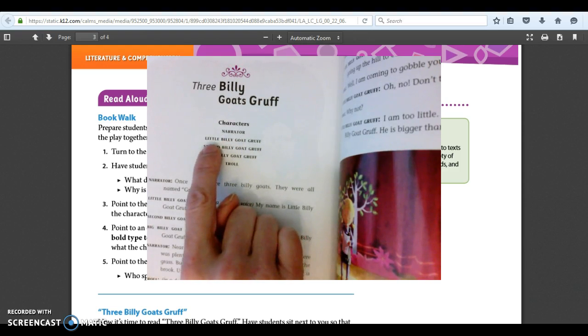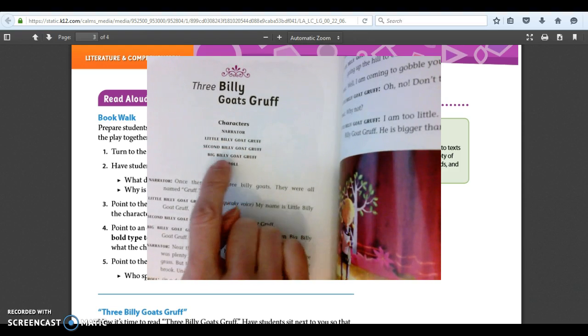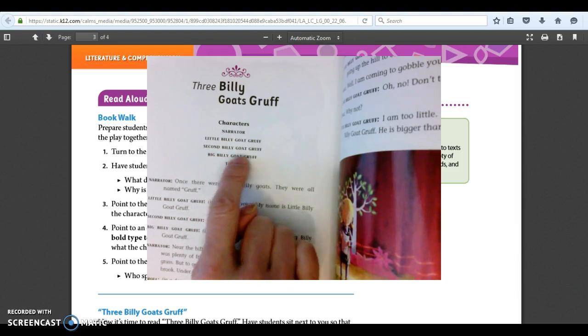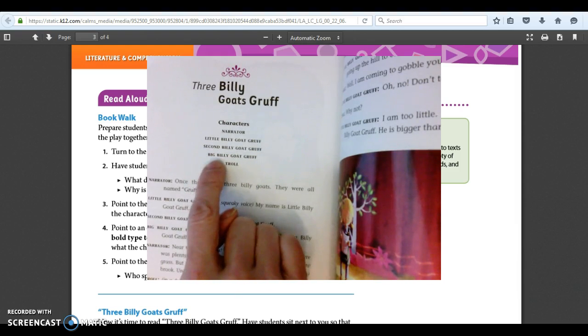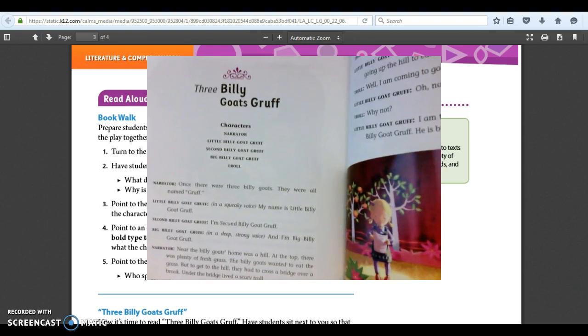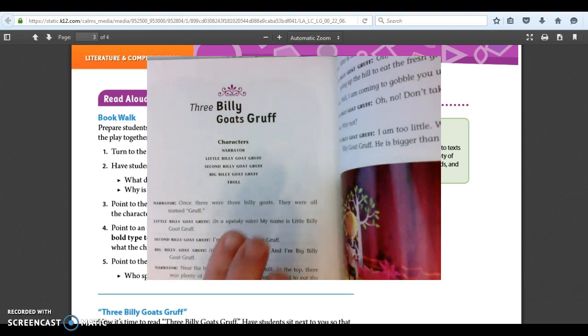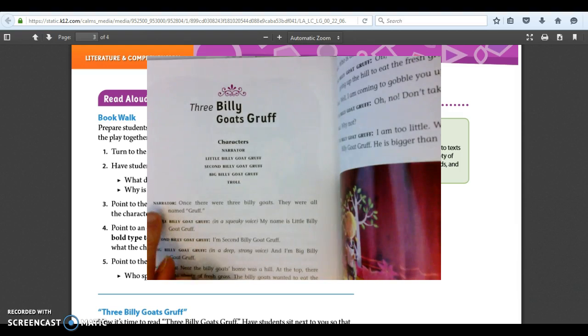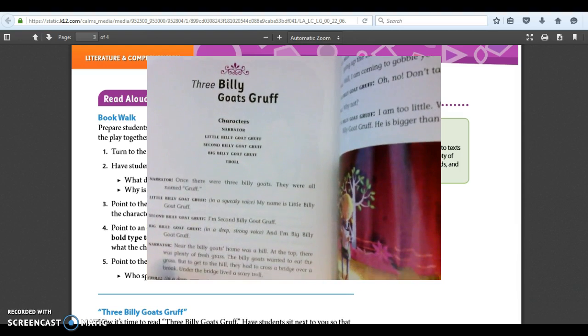We have Little Billy Goat Gruff. We have the second Billy Goat Gruff. We have the big Billy Goat Gruff. And we have the troll. Those are all characters in this play. Now let's look down here at the first part of the play. Now let's look at this word right here. Let me see if I can show it to you.